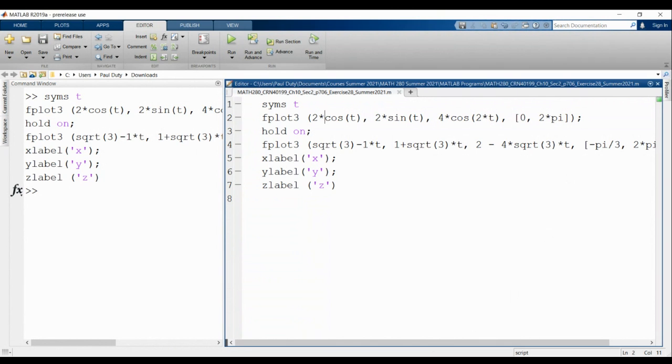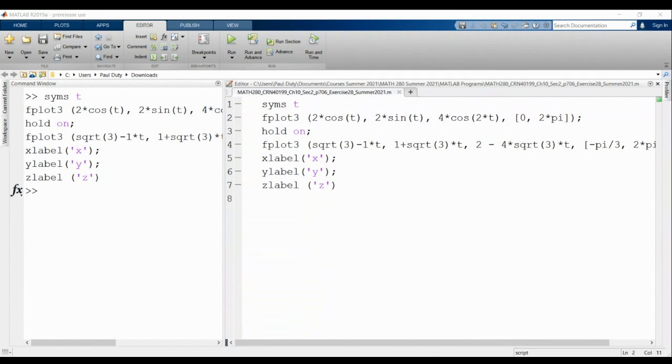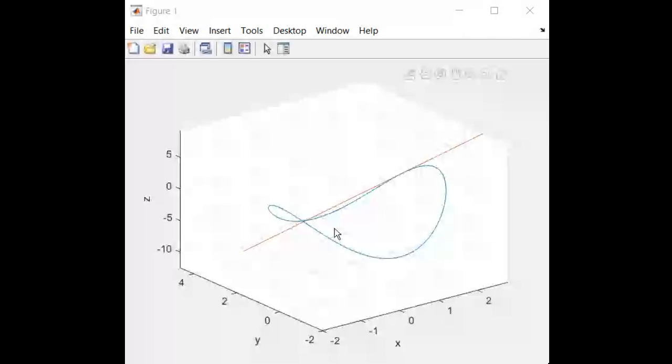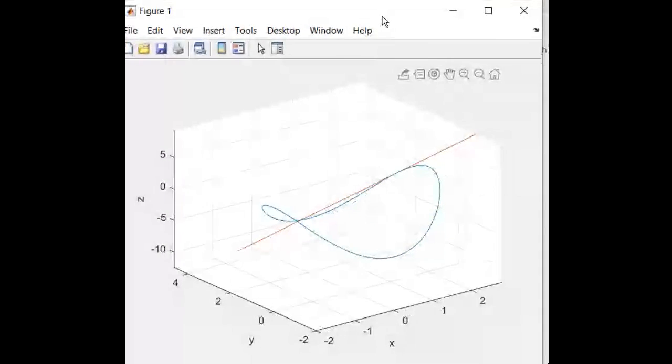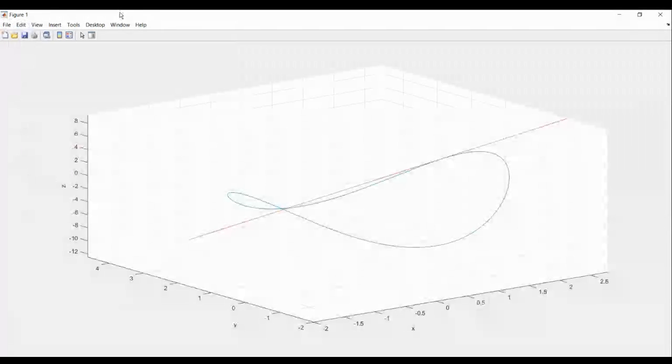All right, so that being said, let me bring up the figure. Okay, how many are getting this figure here? Platonic Pringle, Mario says.